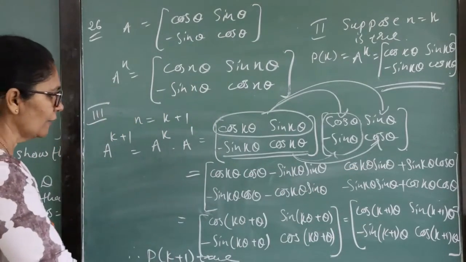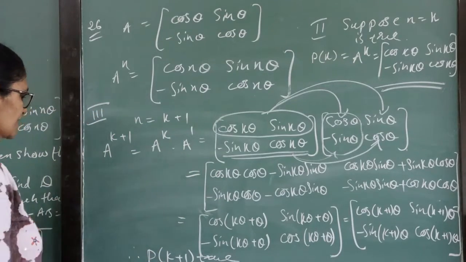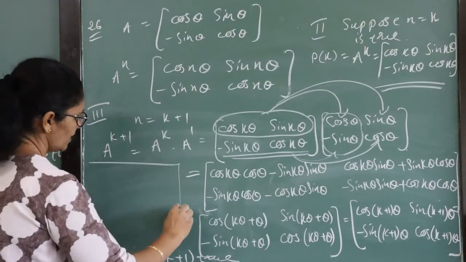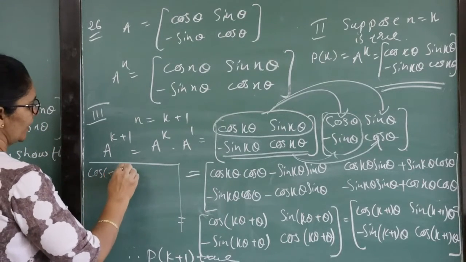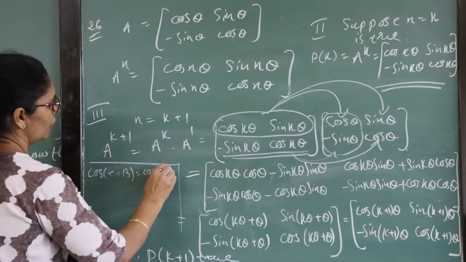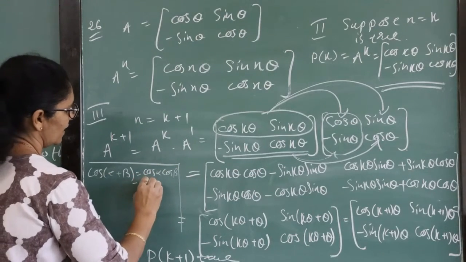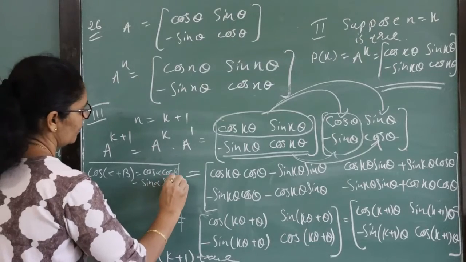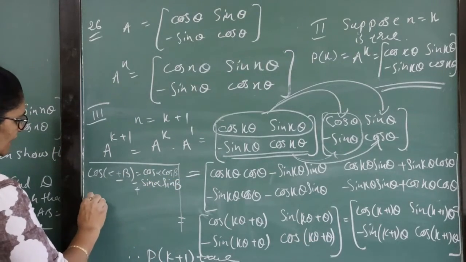Now these are all just trigonometric formulas, which we have already discussed in our previous class also. But for your understanding, I write it one more time. Cos alpha plus beta will be cos alpha cos beta. If here it is plus, then here minus sin alpha sin beta. This is true for plus or minus, so you simply have to change the sign.